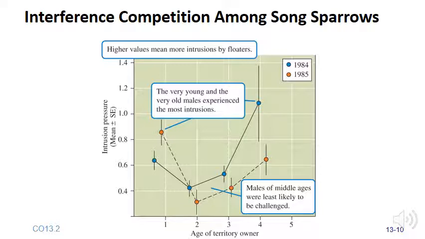What it shows is that attacks by floating males on the territory owners are much higher in young territory owners and very old territory owners. So these are the ones that seem to be more vulnerable to having their territory stolen from them. So this shows an example of interference competition that doesn't occur evenly across different age classes.